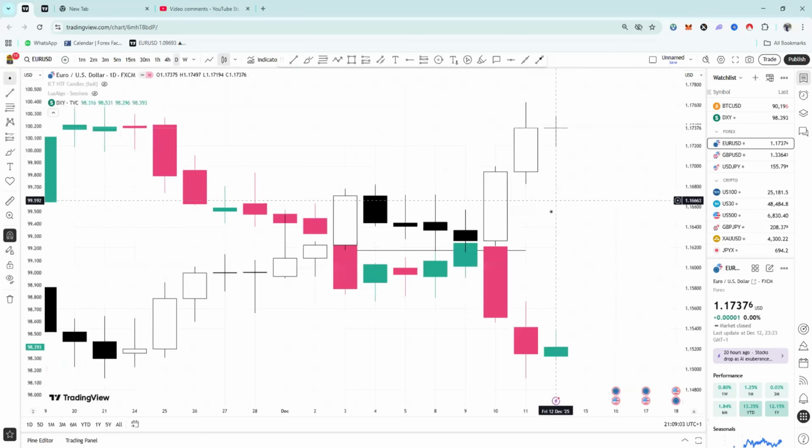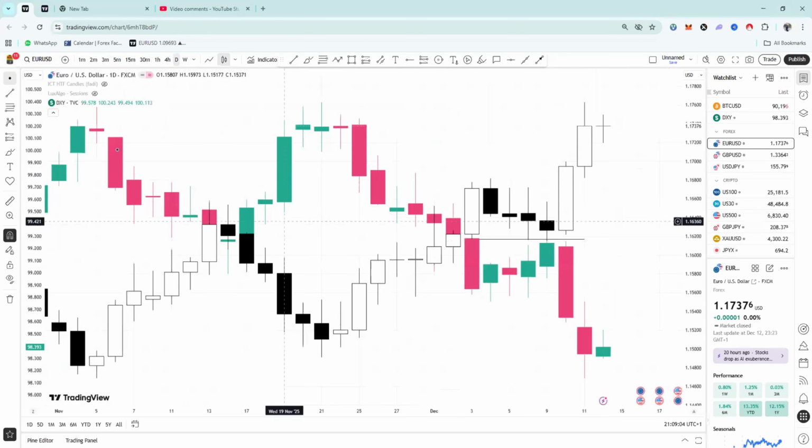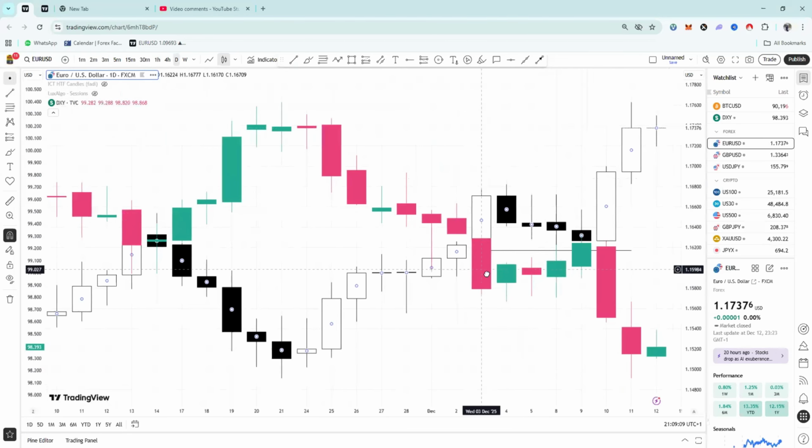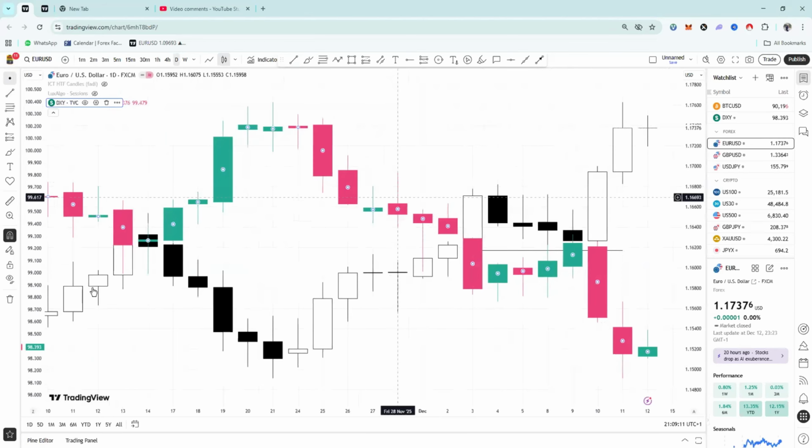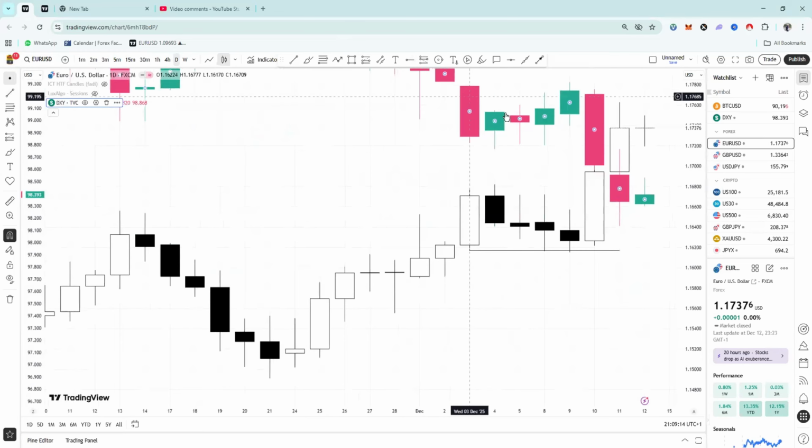Actually on DXY, price did not take out the CRT high. I think it did. Yeah, it did. And there was probably an SMT around the zone.